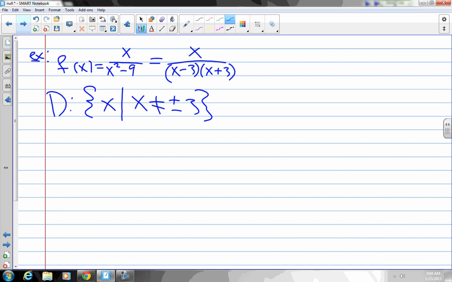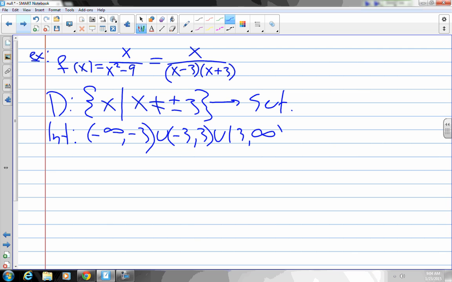So this is set notation. In interval notation, you still have the entire number line with just 2 points removed. So it is everything from negative infinity to negative 3, union from negative 3 to positive 3, union from 3 to infinity.